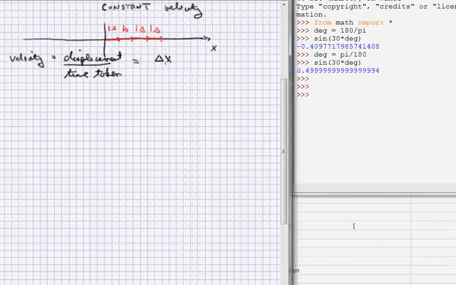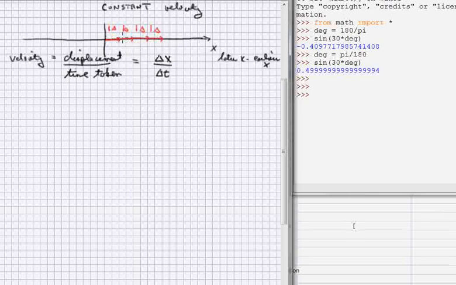This is going to represent the later x minus the earlier x divided by the time taken. And I don't really have to put a vector sign on top of here, since it's a 1D problem, and a plus is going to tell me the direction I'm going, or minus is going to tell me the direction I'm going. In this case, I'm going in the plus direction.